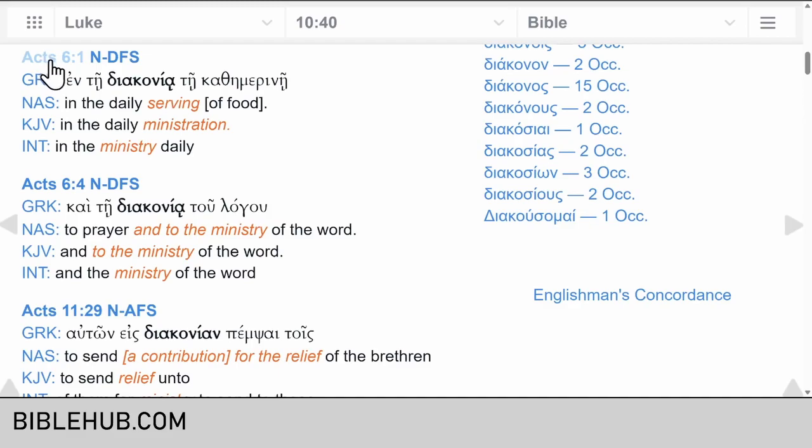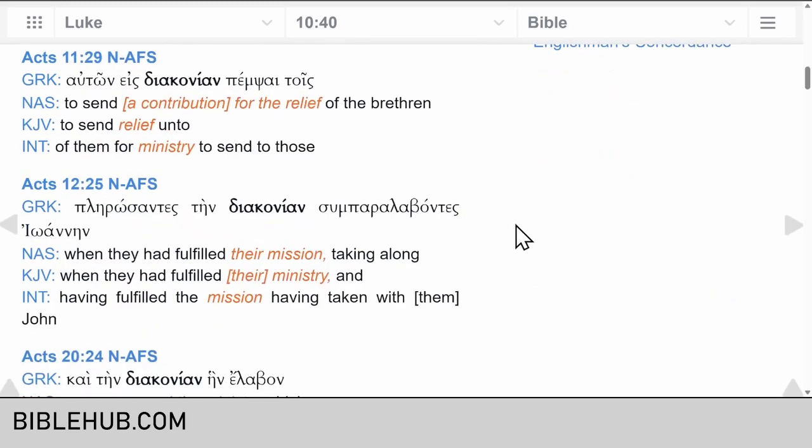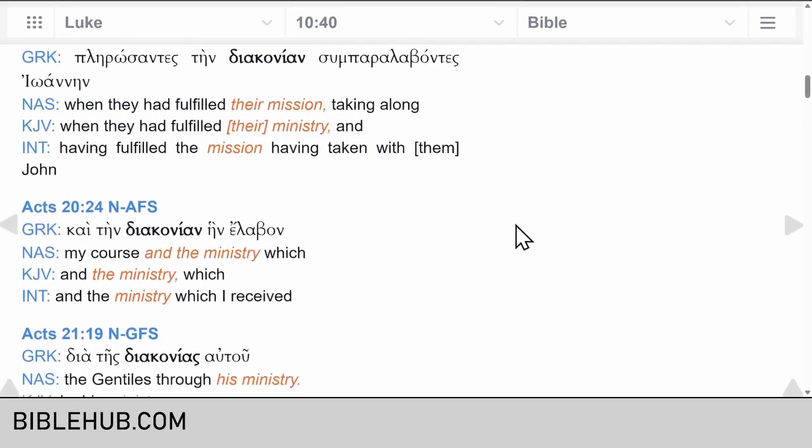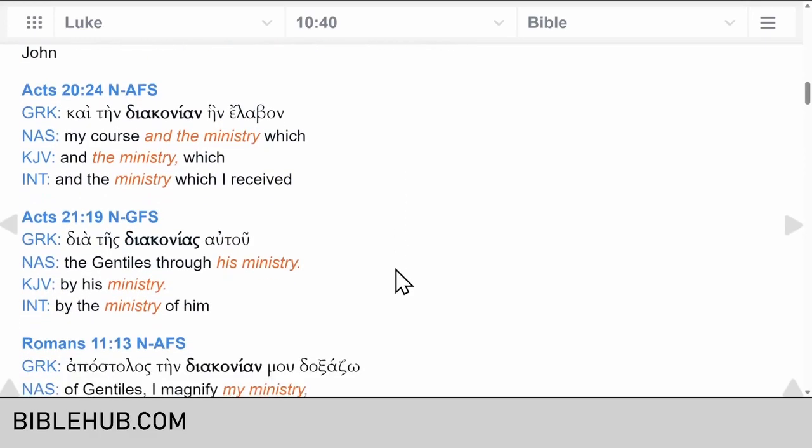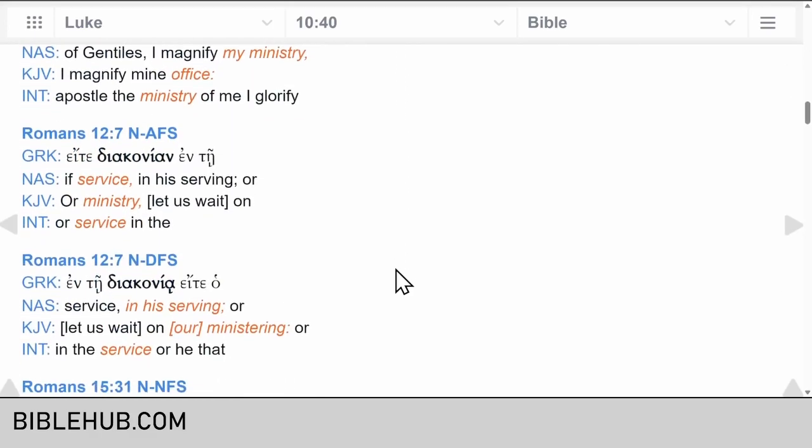Acts chapter 6, talking about serving the widows, the daily serving of food, or the daily ministry or ministration, diaconia. It helps you just to see how it's used in different places. When they had fulfilled their mission or their ministry, the service that they have set out to do.